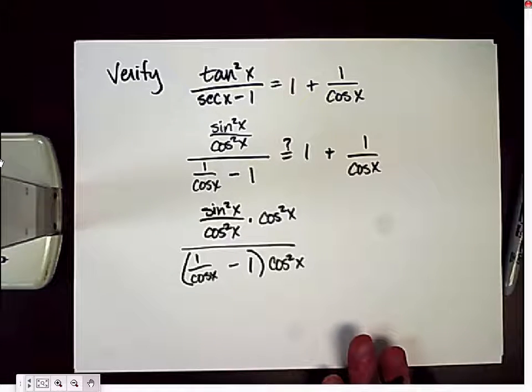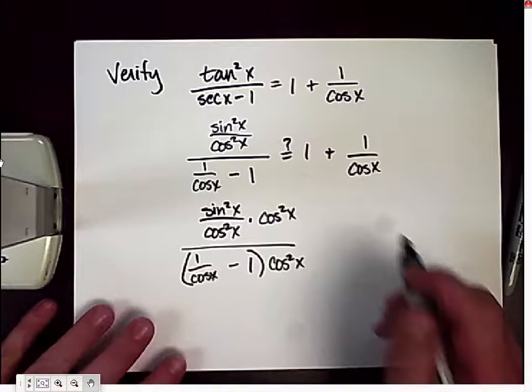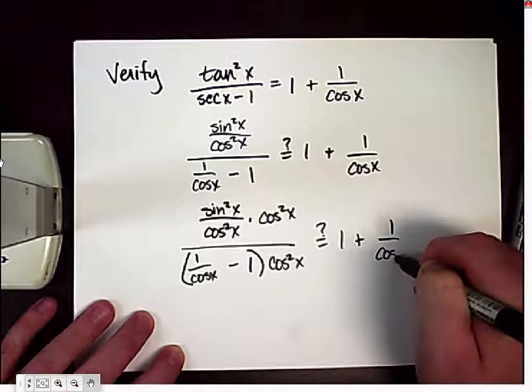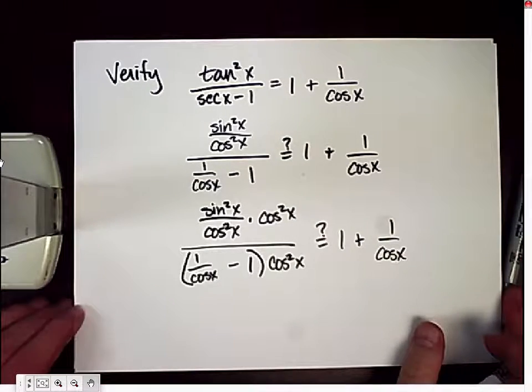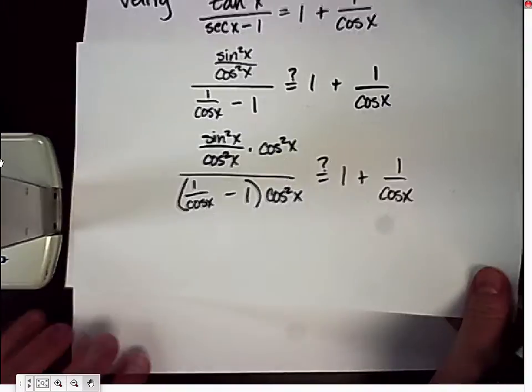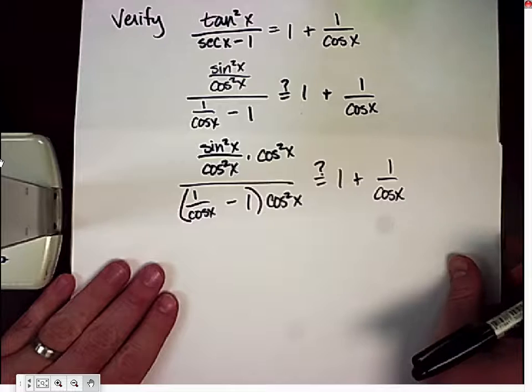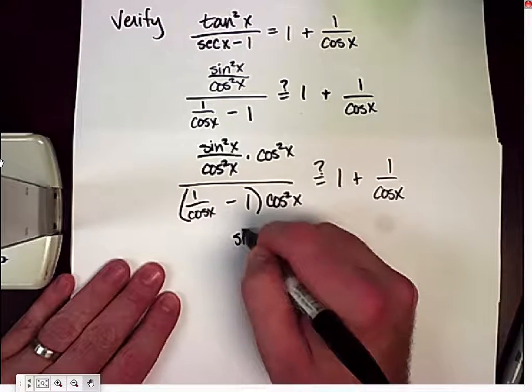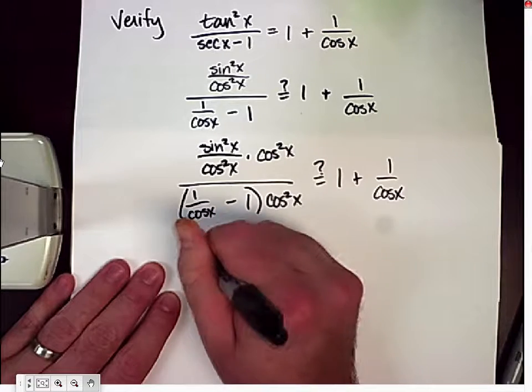Does that equal 1 plus 1 over cosine x? Well, what does the top become? Just sine squared x, right?